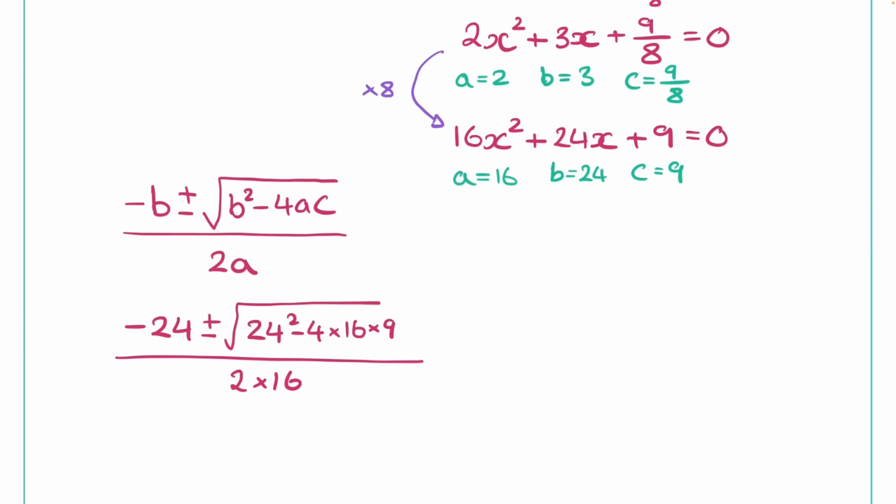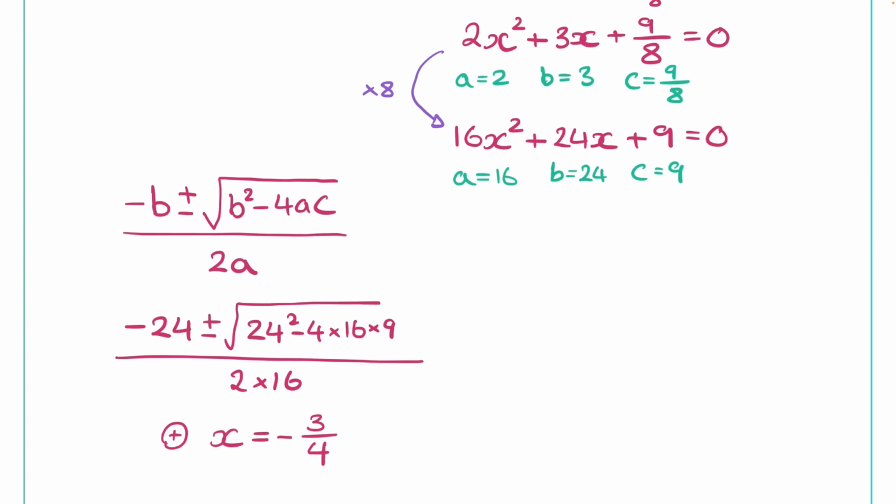So typing this in, we get minus 24 plus the square root of 24 squared minus 4 times 16 times 9 all over 2 times 16, and it gives me the answer minus 3/4. So, and that was using the plus symbol, we get x is equal to minus 3 over 4.